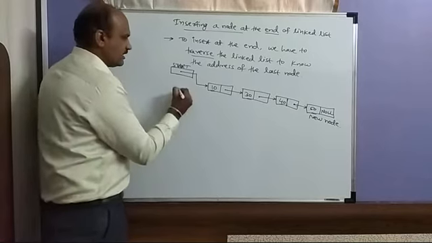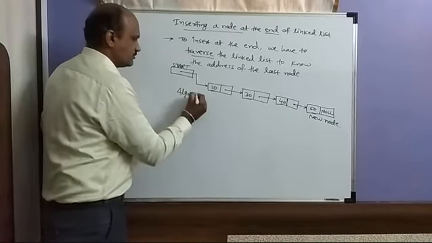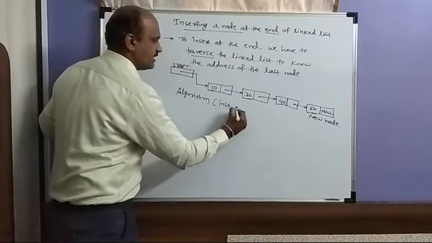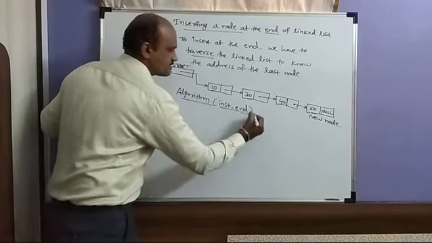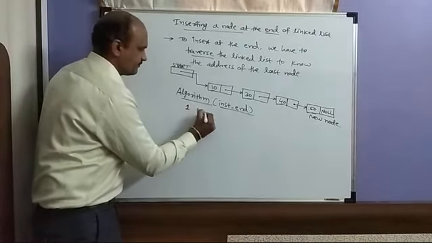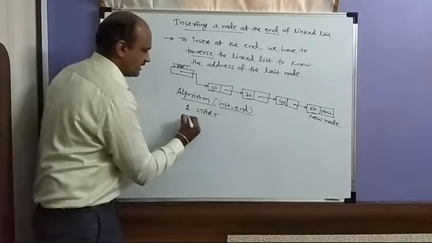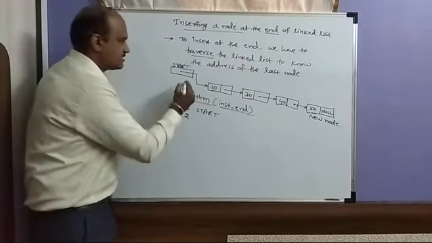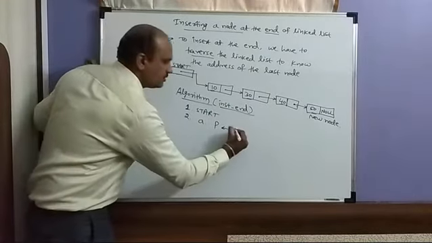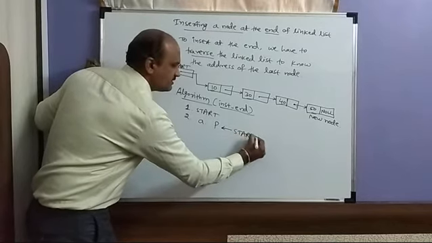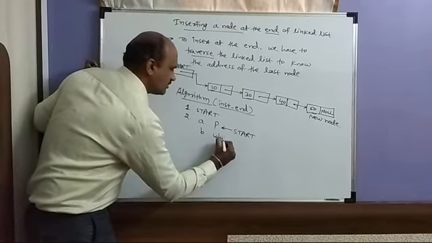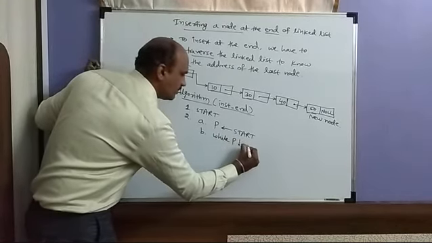Now the algorithm, very simple. It is the algorithm for insertion at the end. First, it will be the start. Second step, P is a pointer to the start node, and check while P is not equal to null.